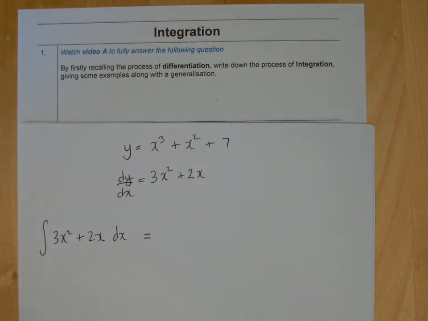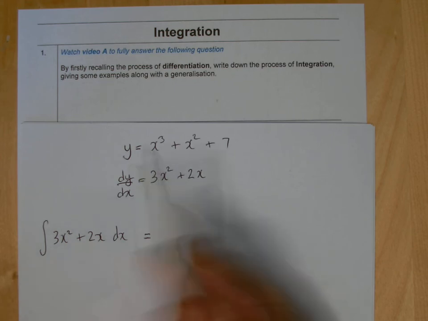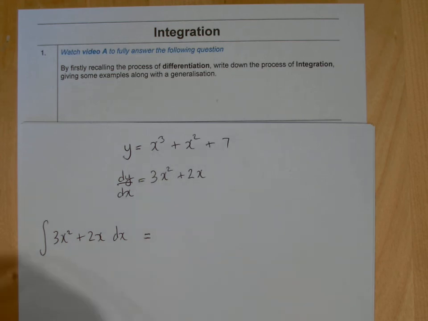So, equals. Now, how do we go about it? To integrate, it's the opposite process. You do the opposite of what we've just done here, and also in the opposite order. So when you take 3x squared, the opposite would mean that we need to add 1 to that power.